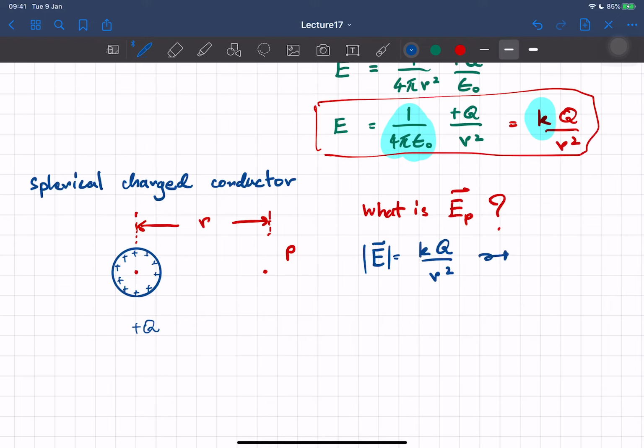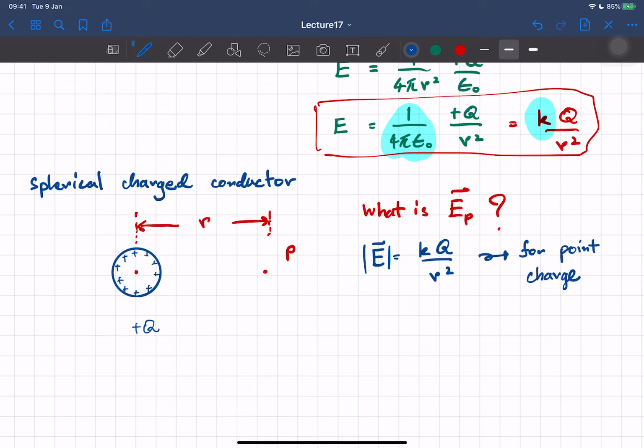This one is for a point charge. Anything other than a point charge, you have to integrate, the same way that we did in the last lecture. So there's a lot of work to do.